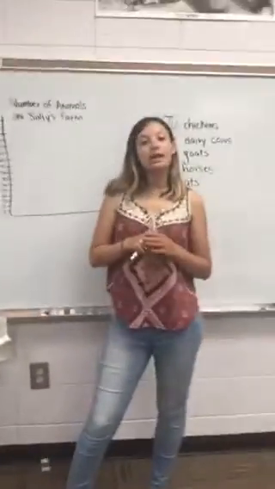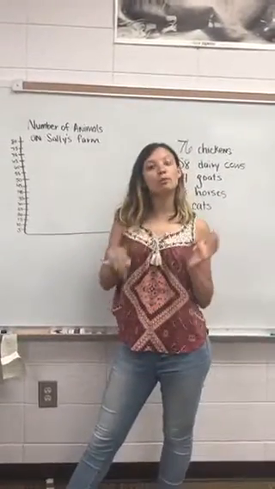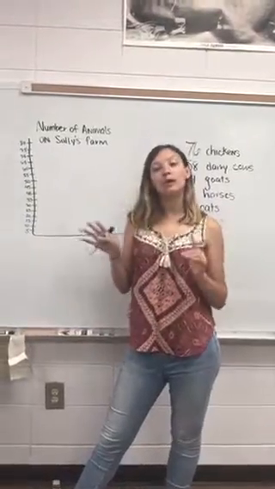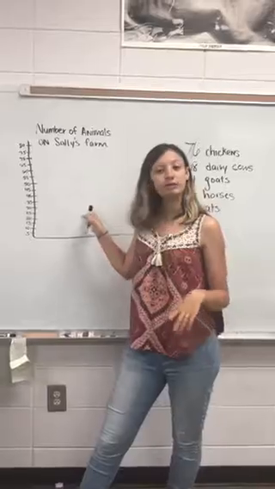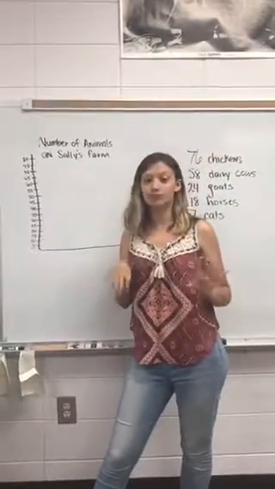Okay, y'all, so next we're going to talk about Pareto charts. A Pareto chart is another way to represent qualitative data. It is a vertical bar graph in which the height of each bar represents frequency or relative frequency.